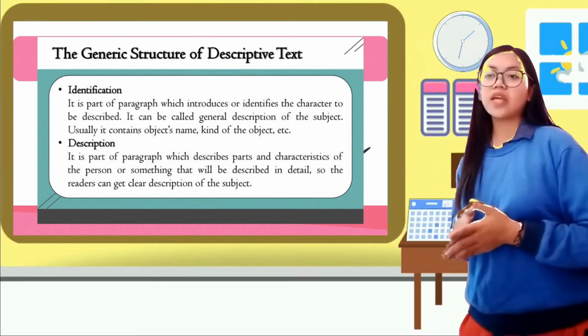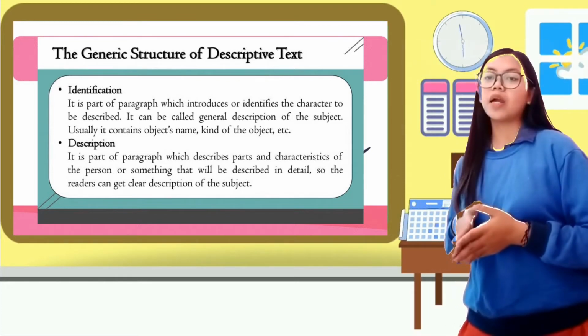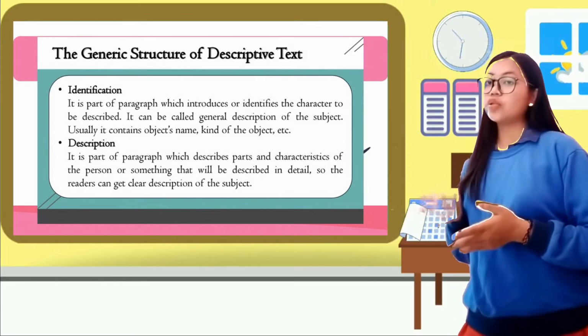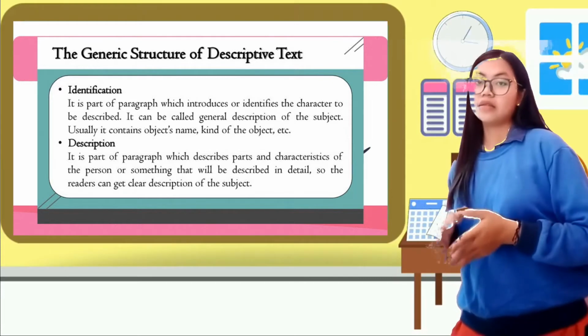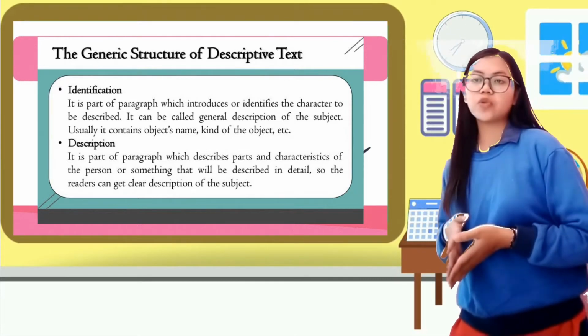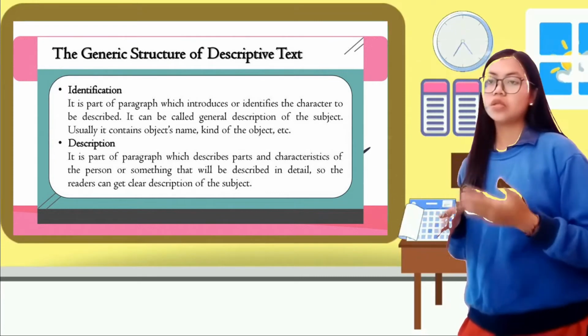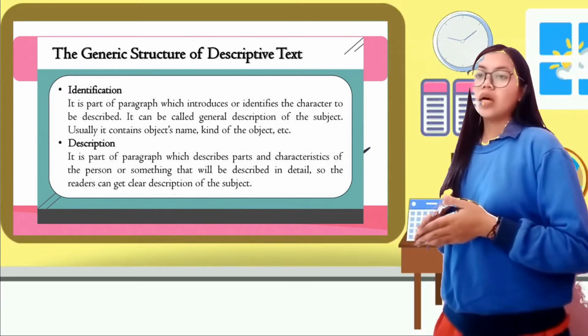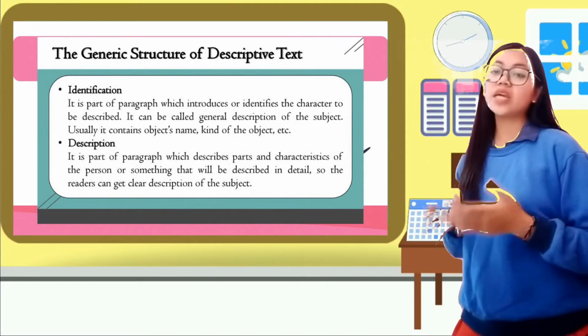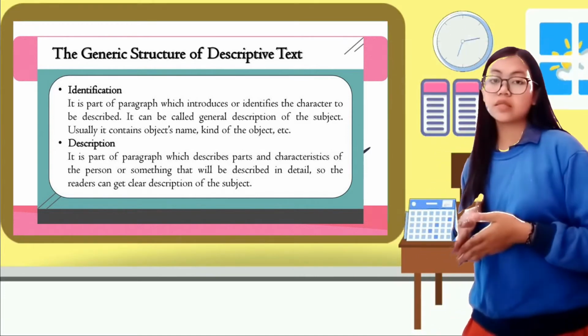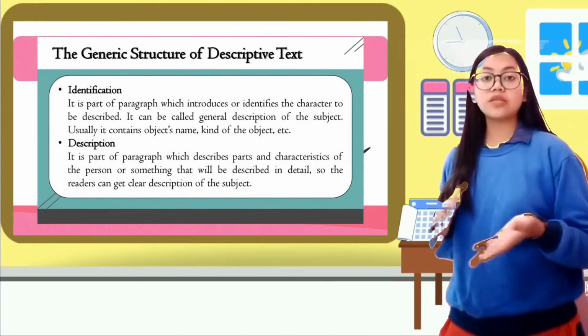Identification is a part of the paragraph which introduces or identifies the character to be described. It can be called the general description of the subject, and it usually contains the object's name, kind of the object, etc.